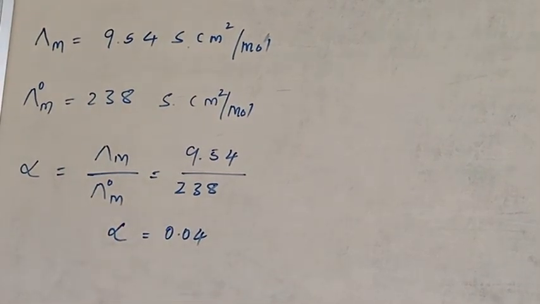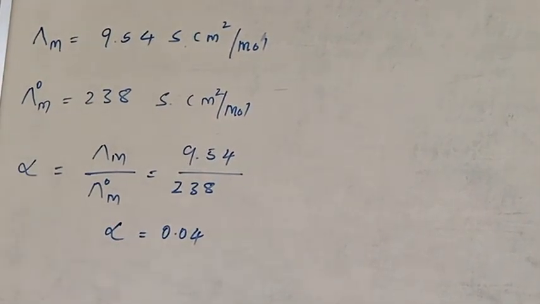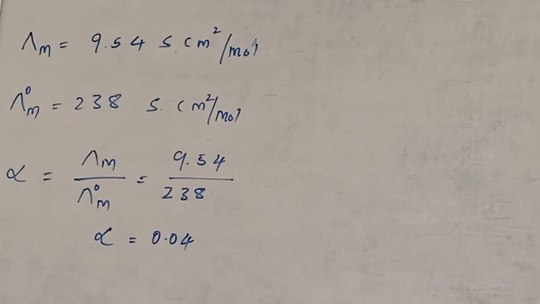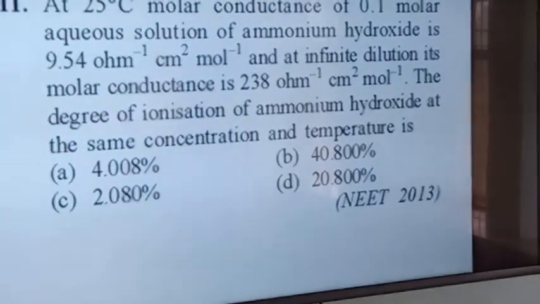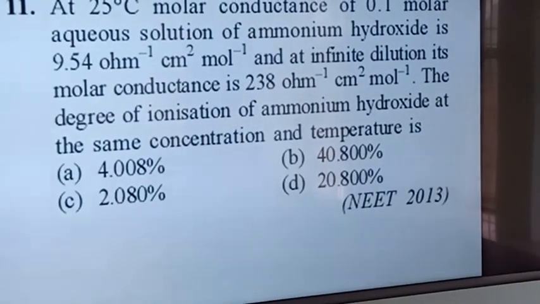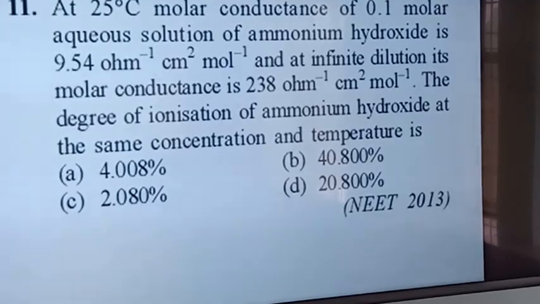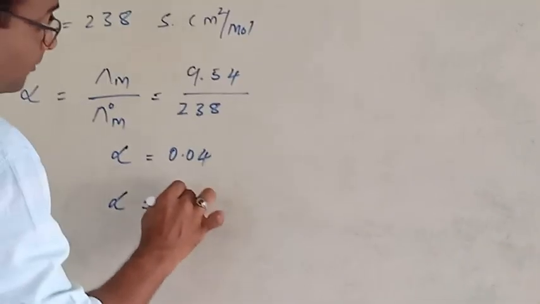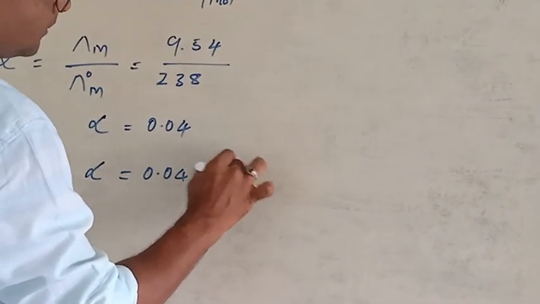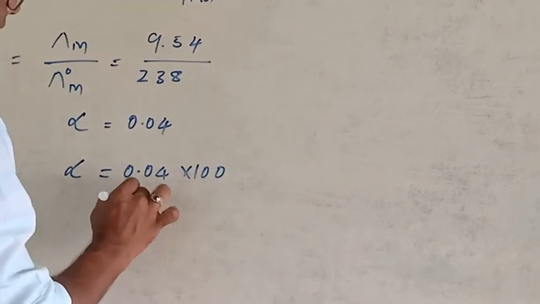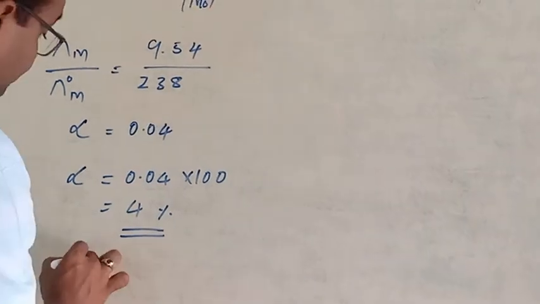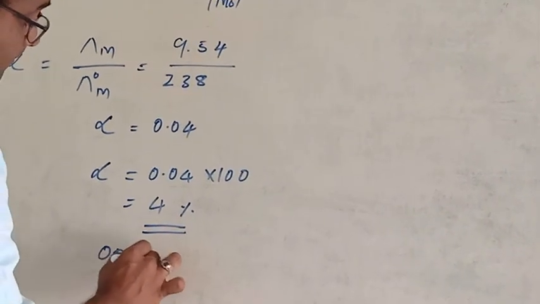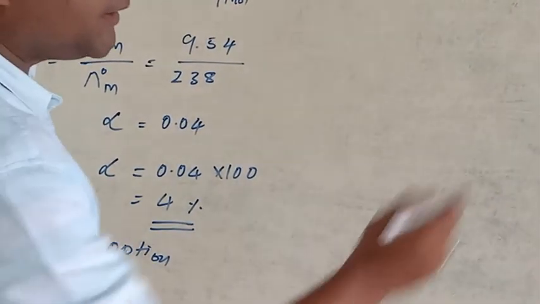But the value is given in terms of percentage, so we multiply the obtained value by 100. That is, 0.04 into 100, that is 4%. So option A.